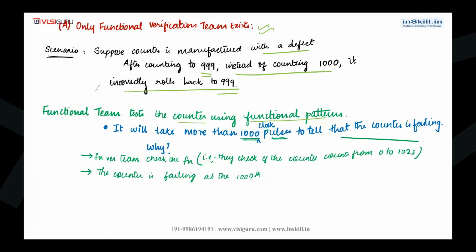So why is the counter failing at the 1000th pulse? Because at the 1000th pulse only, it is again counting 999 instead of counting 1000.